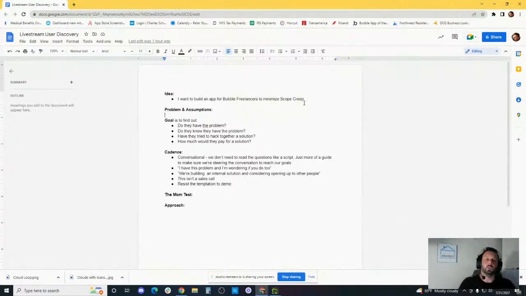So the first thing that we want to do is define what problem are we even solving, right? What's the problem that we're solving, and what are some of the assumptions that go into this? Now, if you're watching this and you have your own app idea, fill this in with your stuff, right? Do this with me, but make it particular to your own use case, to the app idea that you have.